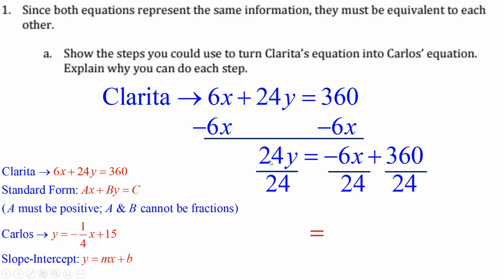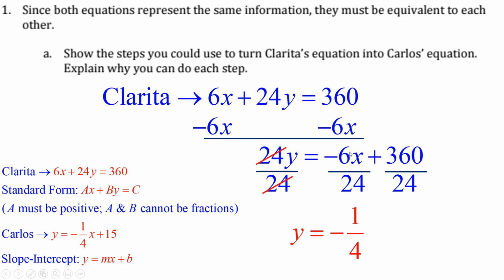So on the left over here, my factors of 24 cancel, leaving my factor of y. And on the right, a negative over a positive is negative. And let's look at the fraction 6 over 24. 6 goes into 24 4 times, so the factor of 6 becomes a 1, and the factor of 24 in the divisor becomes a 4.